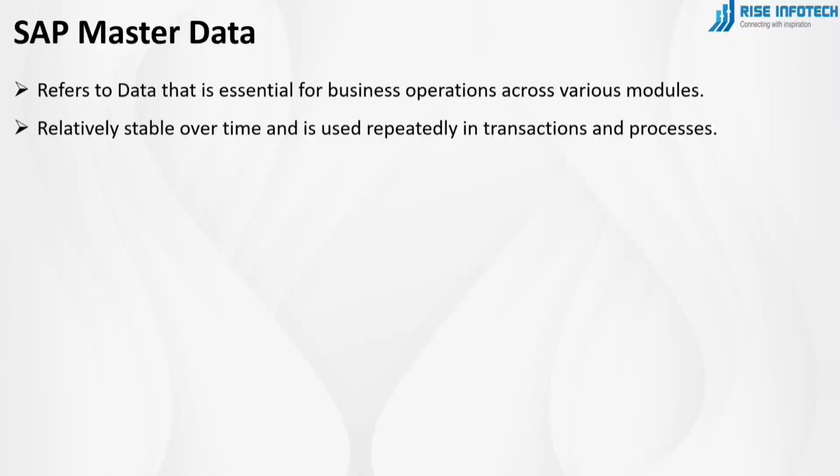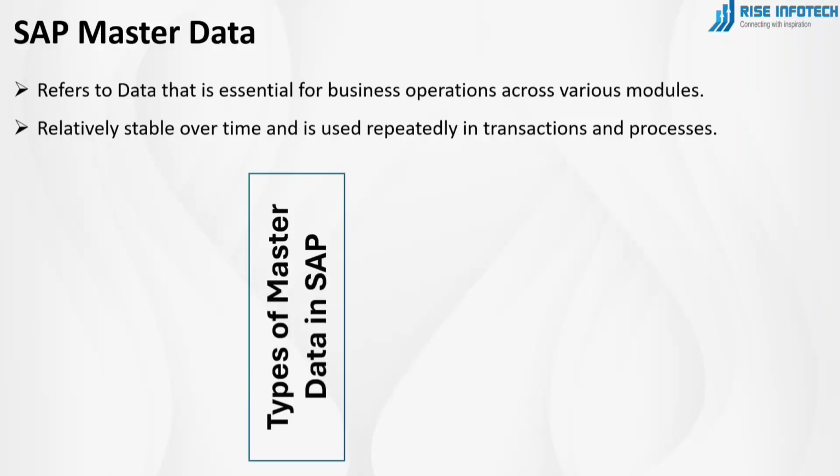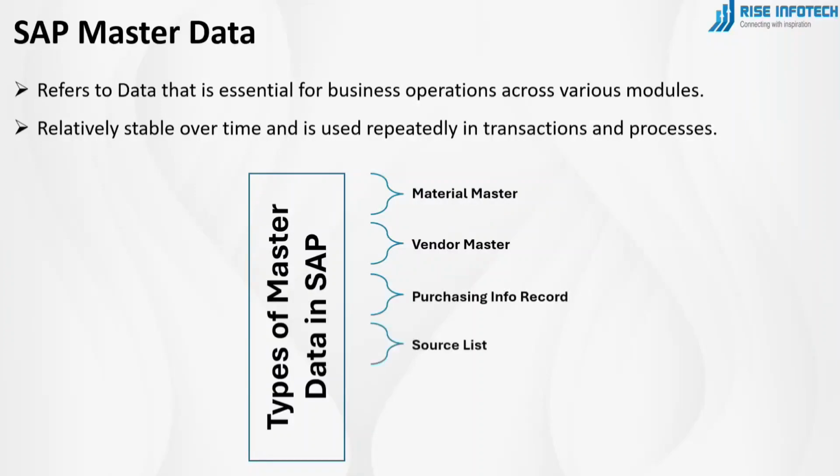It is used repeatedly in the SAP system for transactions, purchasing activities, and sales and distribution activities, so everything is involved. There are different types of master data in SAP: material master, vendor master, purchasing info record, source list, quota arrangement, and service master.